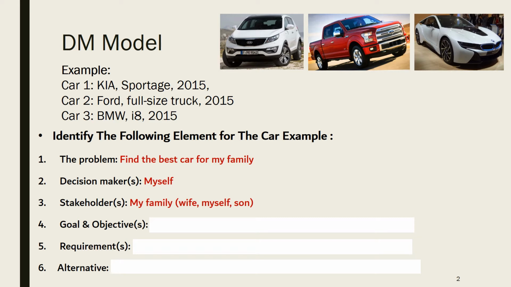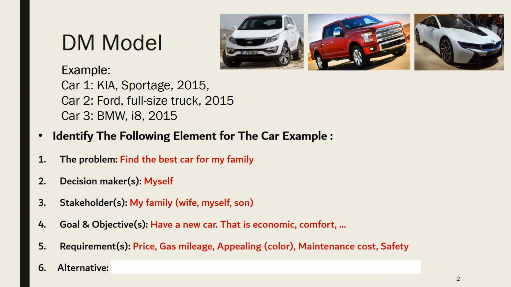What is the goal and what are the objectives? The goal is to get a new car, and that car should be the most economic car, the most comfortable, with the best size for my family, and so on. Those are the objectives. The objectives are directly linked to the requirements. If I want the most economic, in this case I'm looking for the lowest price.